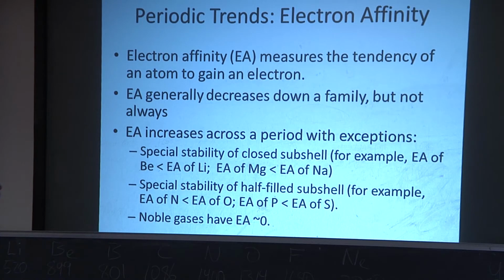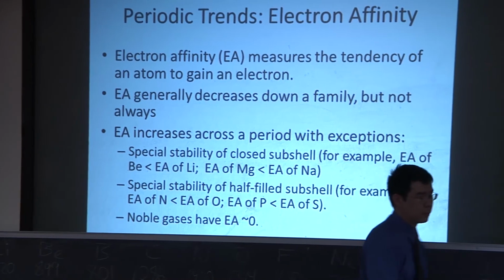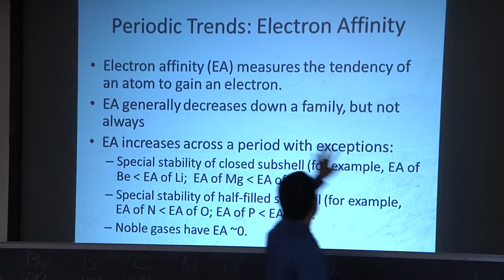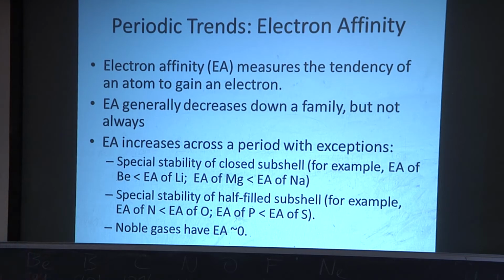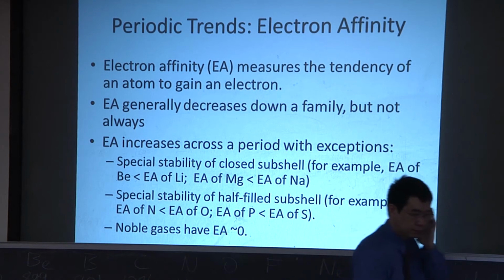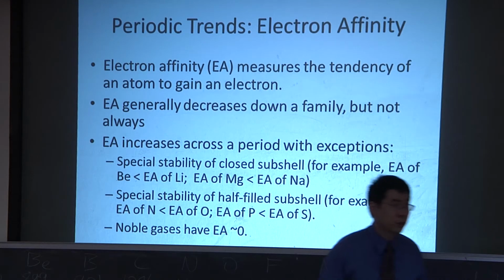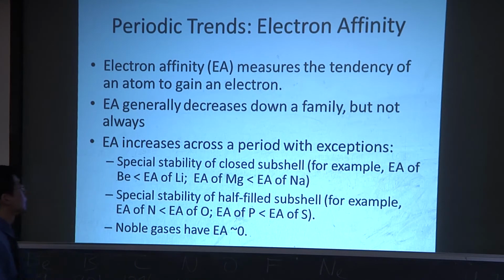Across a period, the electron affinity is going to increase. Electron affinity generally decreases down a family. It's the opposite of ionization energy, essentially. So you have more shielding and so on, and so it's easier to lose an electron, it's harder to gain an electron. You have less effective nuclear charge. Across a period, the electron affinity increases.